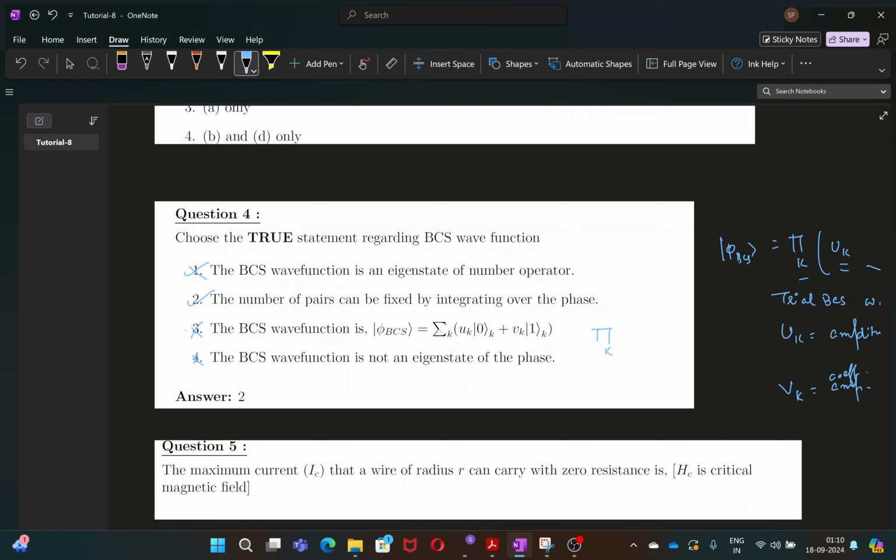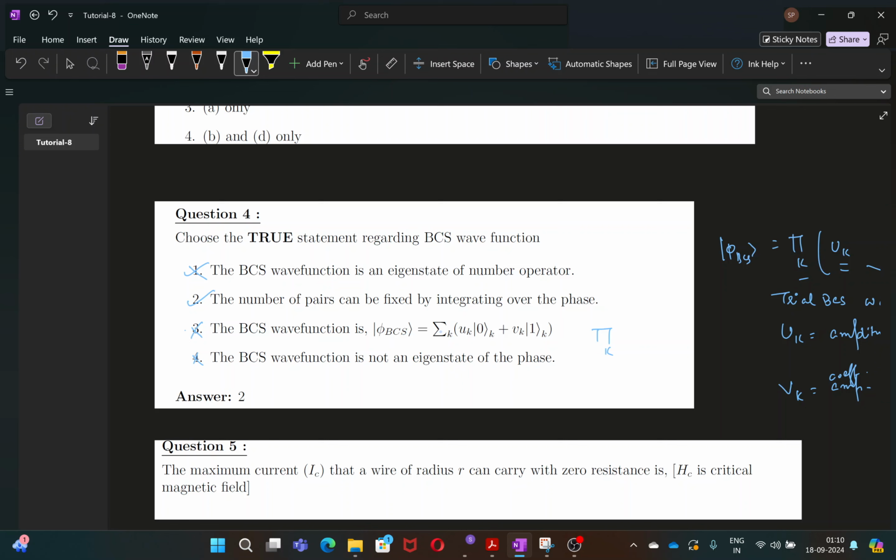So all the electrons in the system form Cooper pairs and form a condensate, and this condensate is actually represented by a single wave function, and that has a single phase throughout the system. So that is why this is important, that BCS wave function is not an eigenstate of number operator, but it is an eigenstate of the phase, because phase is the only thing that remains unchanged.